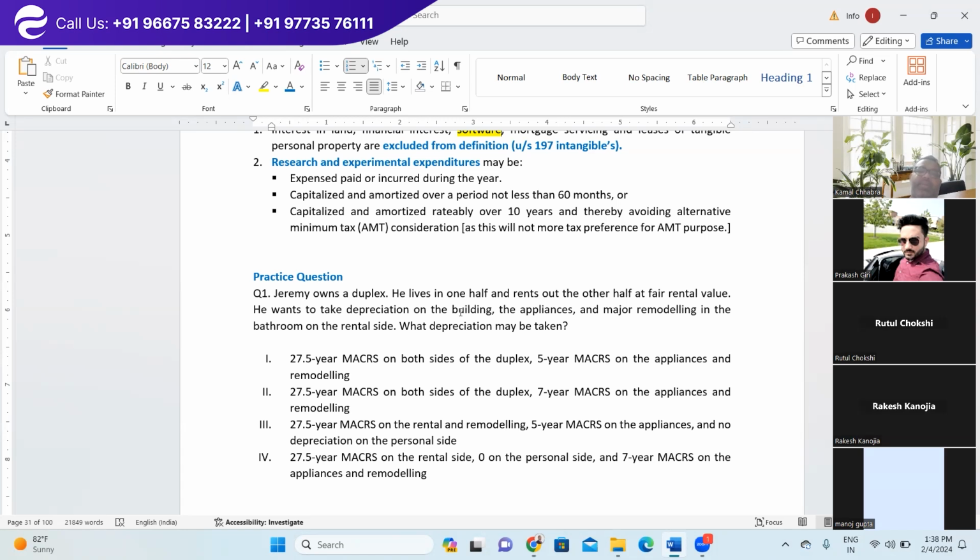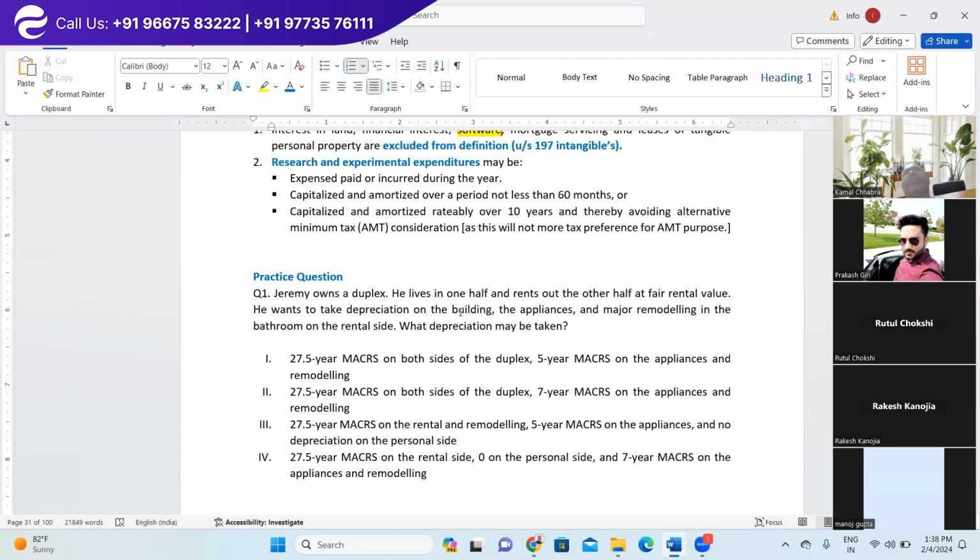Third is 27.5-year MACRS on the rental property and remodeling, and 5-year MACRS on appliances, with depreciation on the personal side. Fourth is 27.5-year MACRS on the rental side and 0 on the personal side, and 7-year MACRS on appliances and remodeling. So which option is correct?